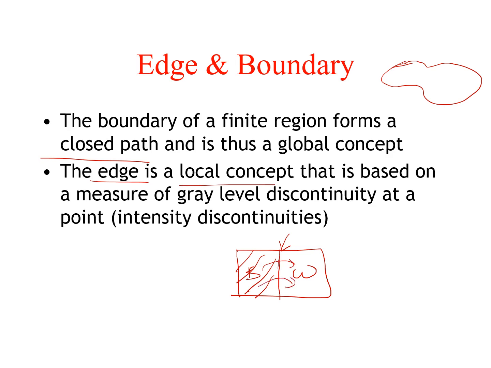Similarly, if this is a white area and you have a black pixel or black point here, this is again a gray level discontinuity, right? There is a sudden change from white to black. So an edge is a local concept that is based on a measure of gray level discontinuity at a point. Gray level is also known as intensity. So intensity or gray level discontinuity.